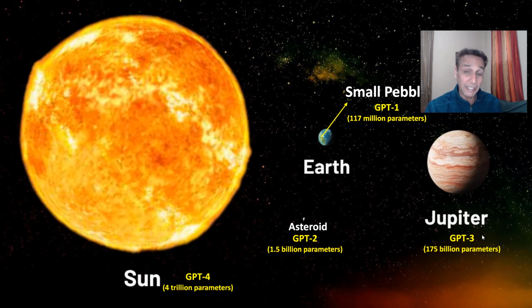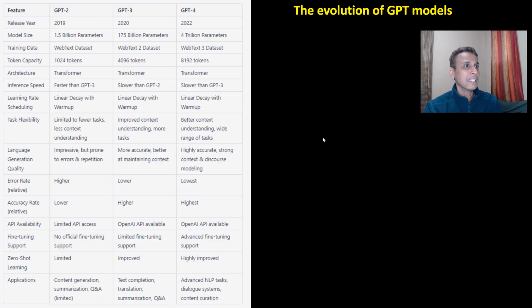GPT-3 is a small gas giant like Jupiter, and GPT-4 has 4 trillion parameters. That's almost like our sun. And GPT-5, I don't know how large it's going to be. Probably our galaxy, but I seriously doubt it. A galaxy is much bigger compared to our sun. Maybe our solar system size, I would say. The main reason for me to put this up here is for you to appreciate how between each evolution, it's actually growing in a pretty large way, right? So that's my attempt at showing you how the size differs between these.